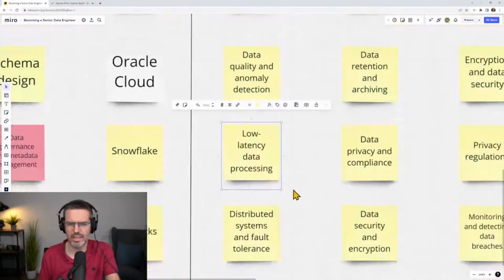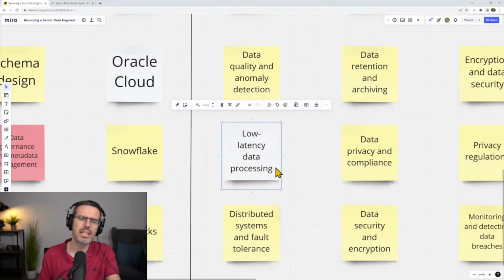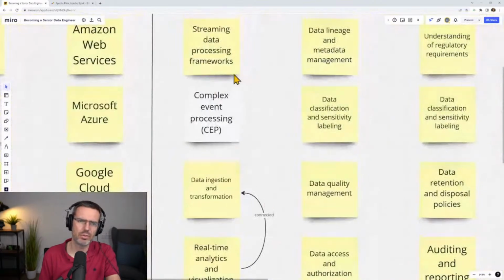I don't know, low latency. What did it write here? Senior engineers should be proficient in designing and implementing low latency data processing solutions that can handle high volumes of streaming data with minimal latency. Let's forget about this. For me, this is implied whenever you talk about streaming data processing, right?